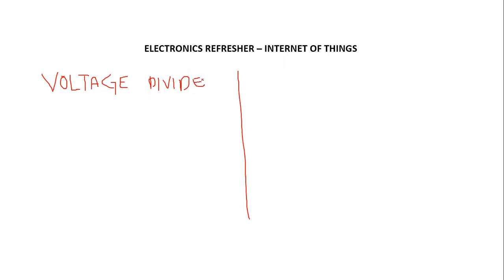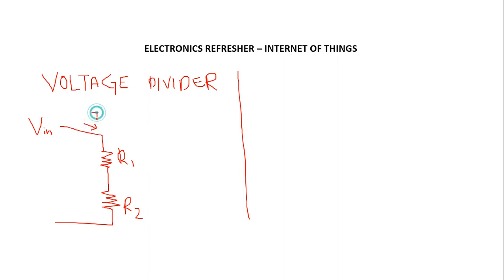Okay, voltage divider. If we have our circuit like this, we have a resistor here. If we call this resistor 1, resistor 2, and here we have our input voltage.